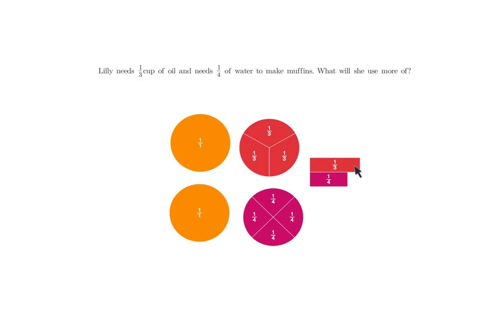So it takes fewer parts of 1/3 to give us the whole than 1/4. If we visually line it up to compare 1/3 to 1/4, we can see that 1/3 is bigger than 1/4. So Lily will use more oil than water to make her muffins.